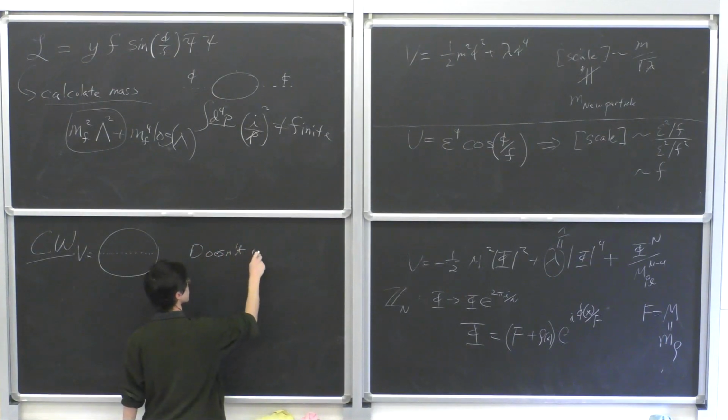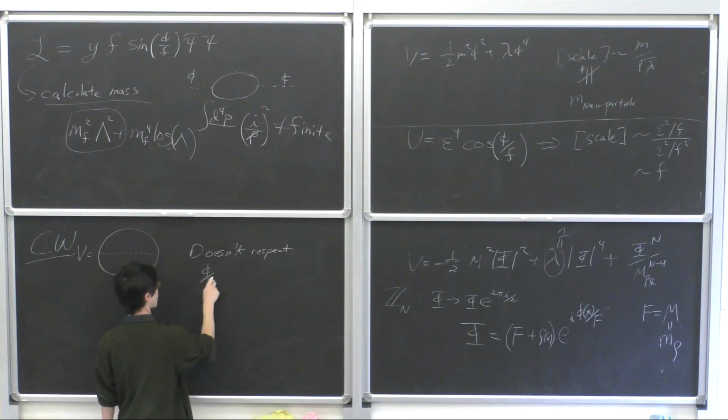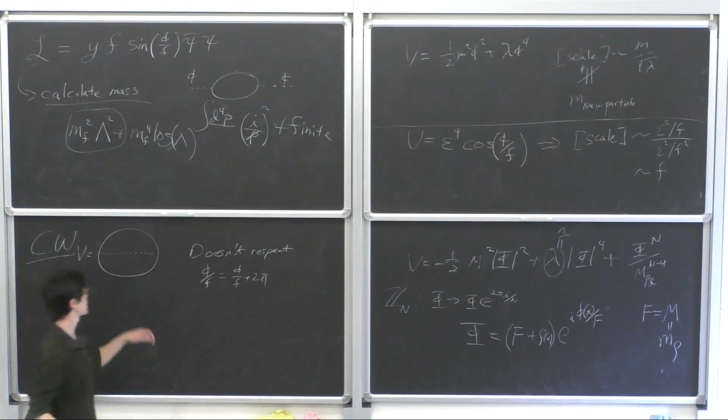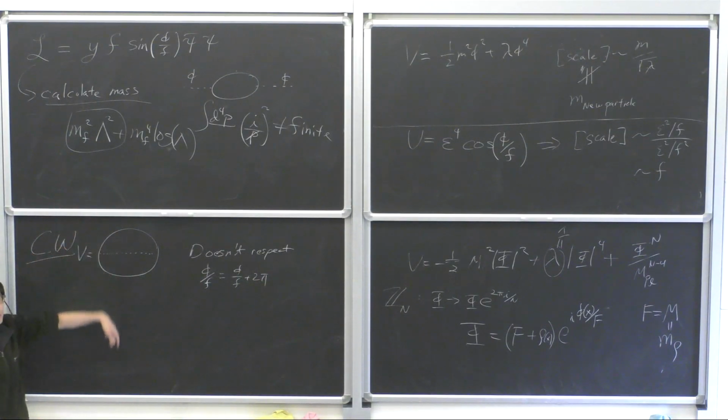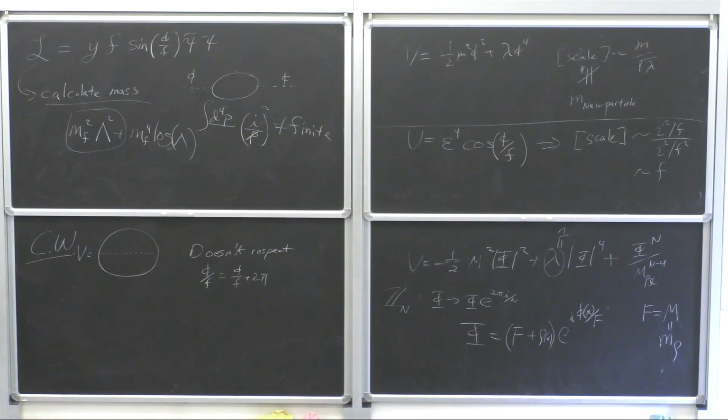It doesn't respect phi over f equals phi over f plus 2 pi, right? When I Taylor series the sine there, I am destroying the symmetries of my problem. And I really want to keep all the symmetries of the problem, because if I do a calculation that breaks gauge invariance, yeah, I might get some divergences, but these aren't physical objects. And so we should be doing a computation that respects all of the symmetries of our problem.